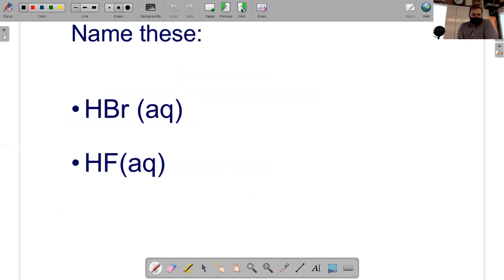All right, so for example, HBr and HF, just as a review. HBr, that's hydrogen and bromine, regular binary acids made of two individual elements. The name of the element is bromine, but as an ion, it's the bromide anion.